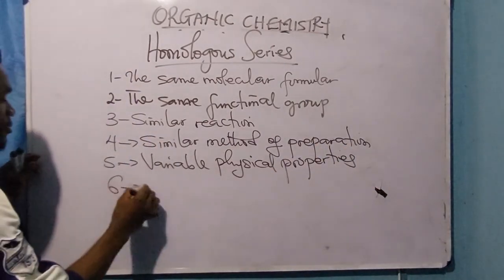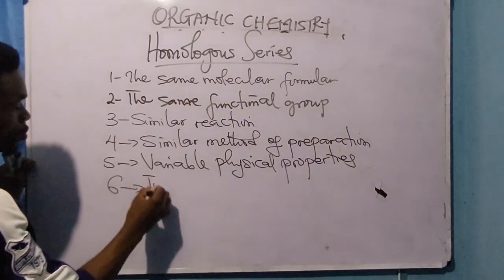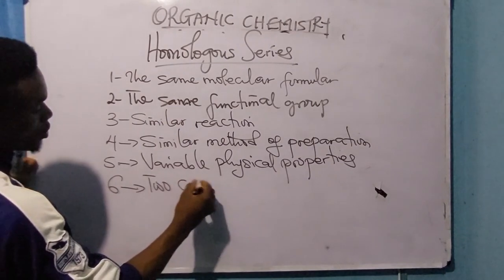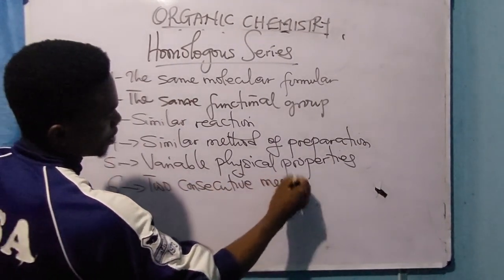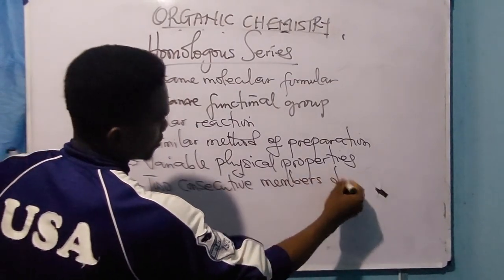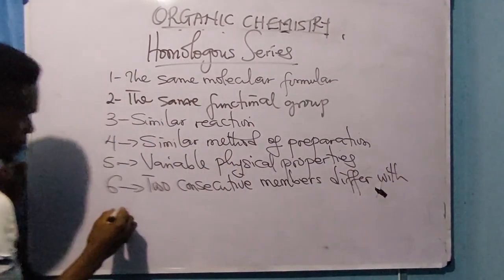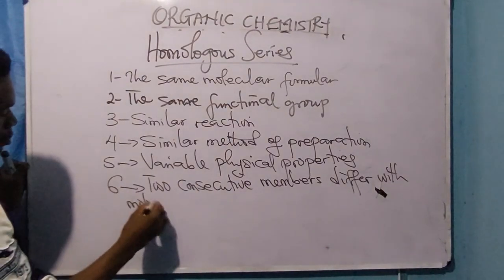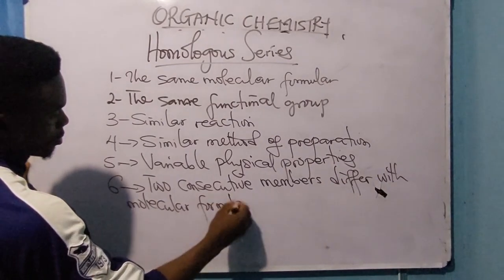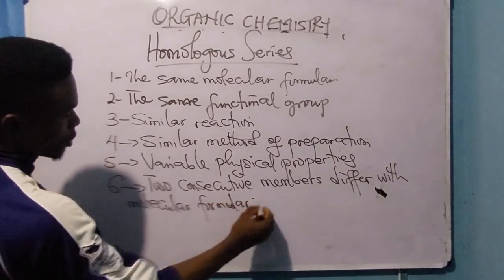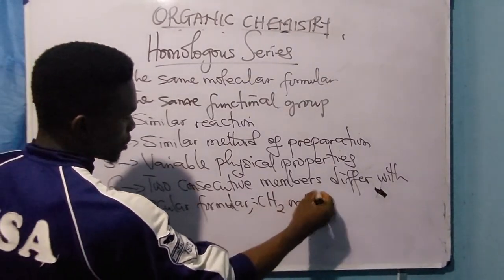And six, two consecutive members differ by the molecular formula CH2, or 14 units.